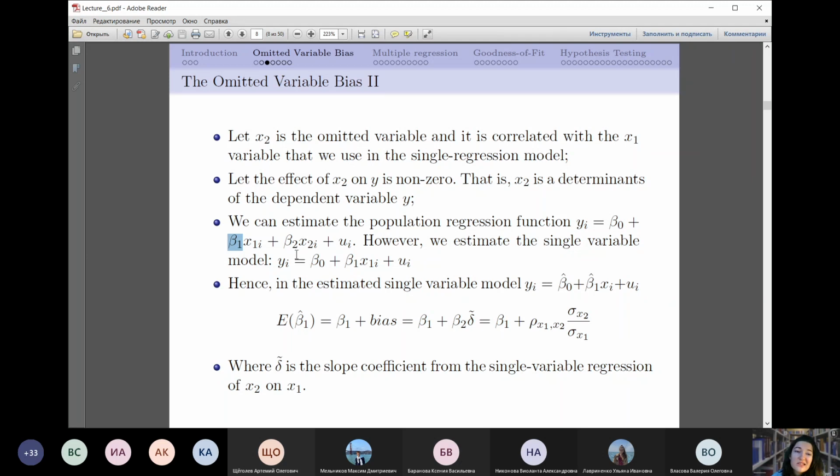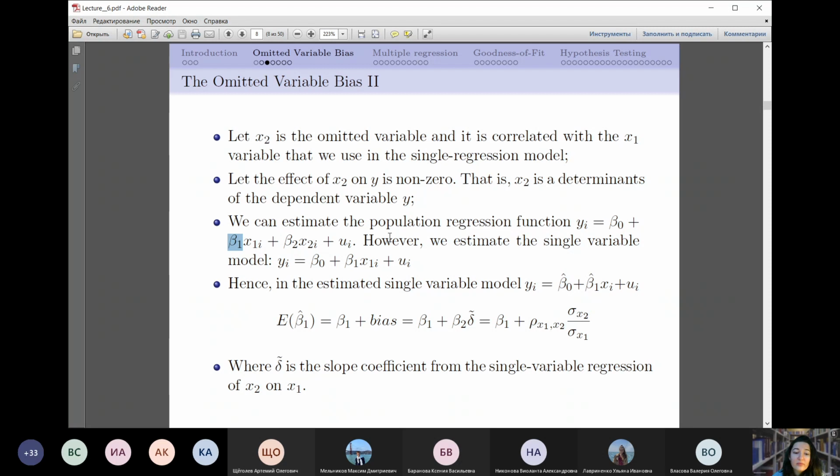You are not even interested in the effect of beta 2, the effect of x2 on your dependent variable. But again, I want to stress that even in this case, if you know that x2 should be included in the true population regression model, and you omit this variable, it will be bad.